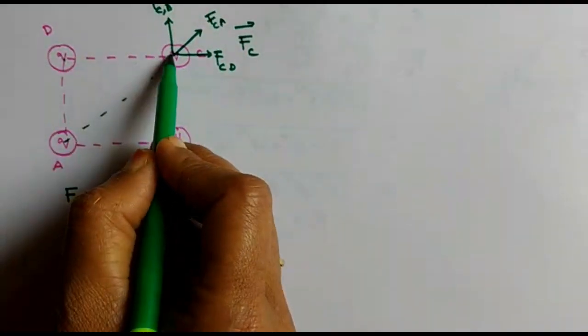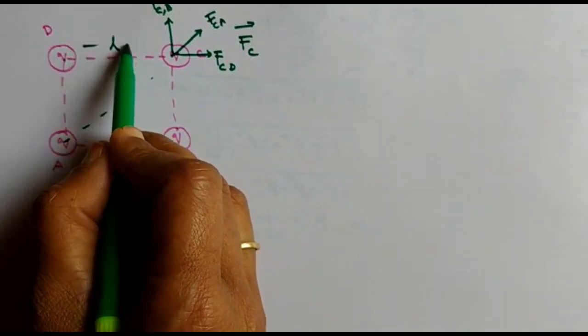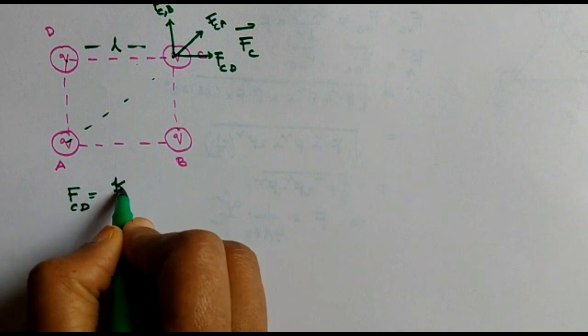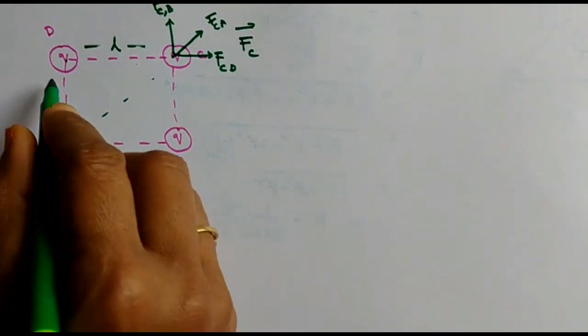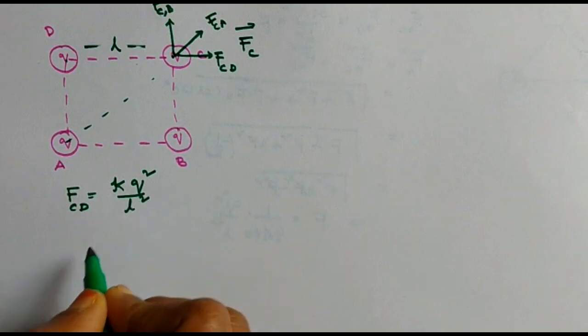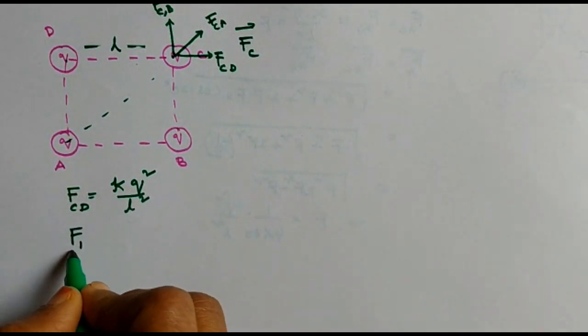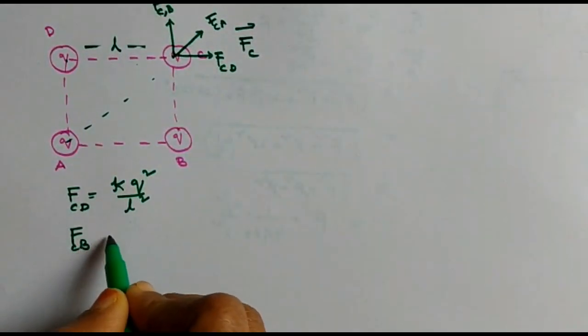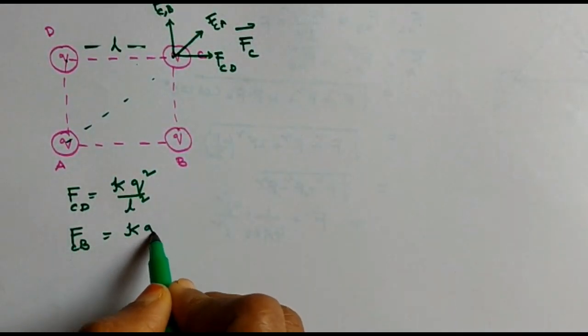Write the magnitudes. Force between C and D is acting at a distance L. So it would be force between C and D is K, 1 by 4 pi epsilon naught, Q into Q, square by distance is L square. Between B and C, between these 2 particles, force on C due to B, same magnitude.